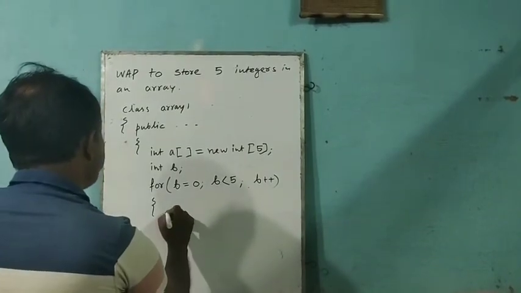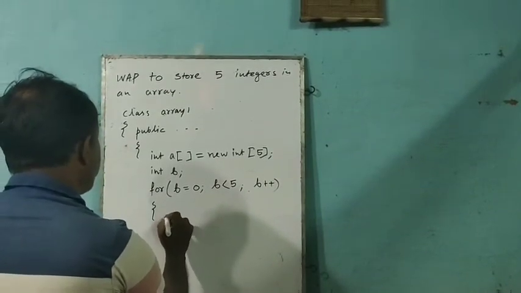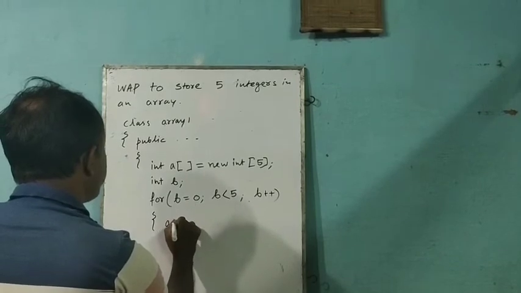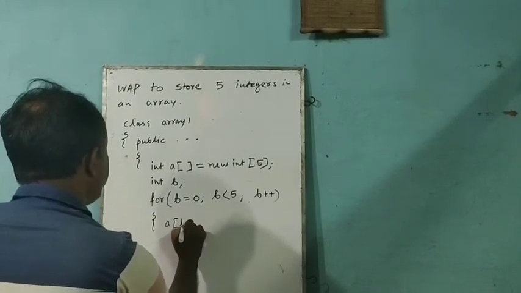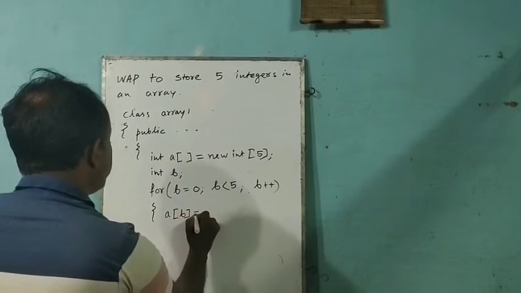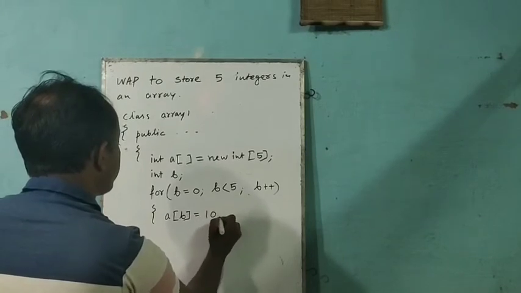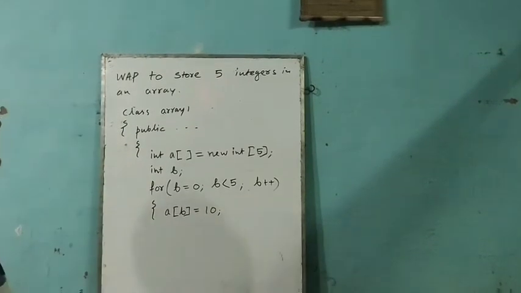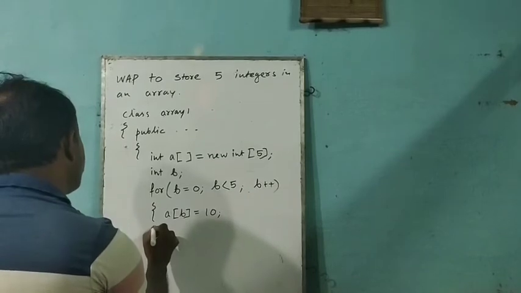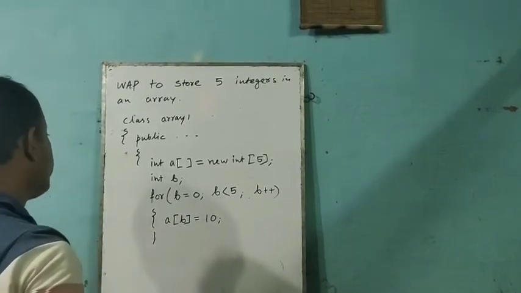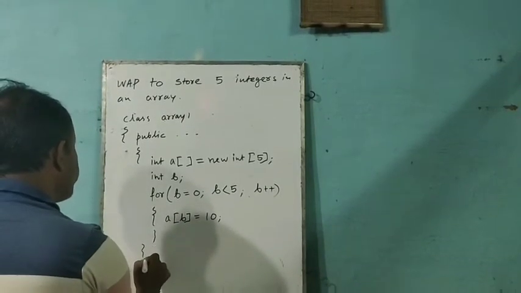Now inside the body of the loop, let me write a[b] equal to 10. Then I close the for loop. Then I finish the program.